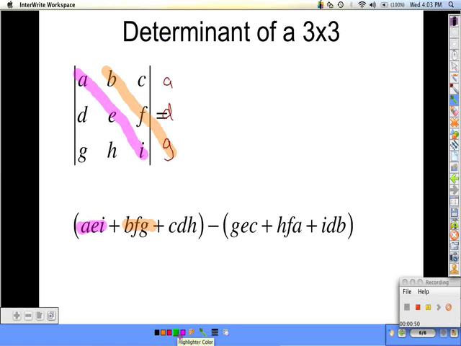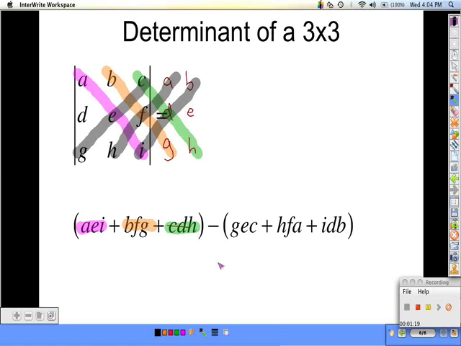My third diagonal, CD, and I run out of numbers again. I'm going to rewrite the second column, B, E, and H. Now my third diagonal is CDH. And now I can do upward diagonals also, GEC, HFA, and IDB.